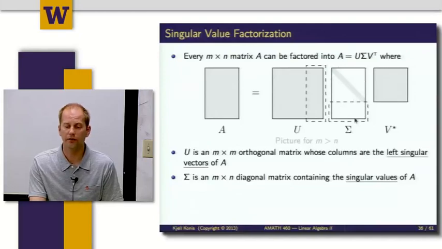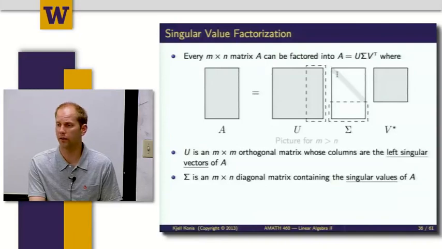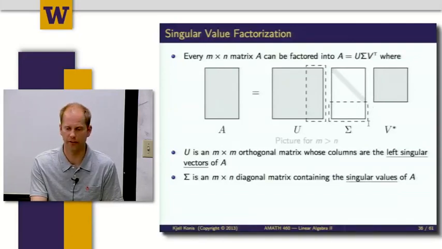Even though, to make the dimensions work out, this matrix has to have the same dimensions as the matrix A, only the elements where the row index equals the column index are allowed to be non-zero. So you end up with a rectangular chunk of zeros in the bottom here too.